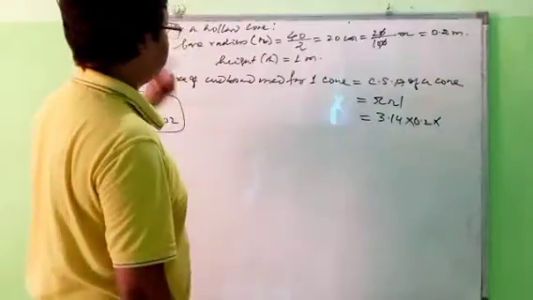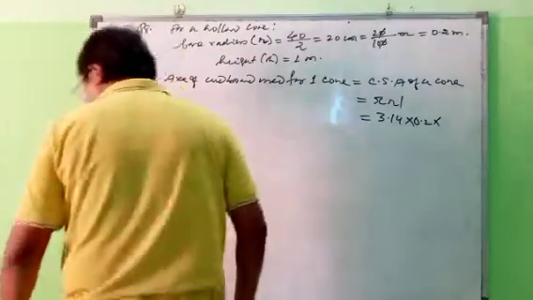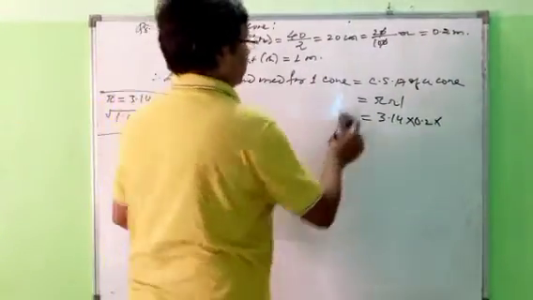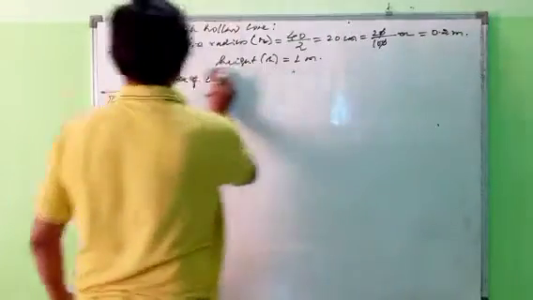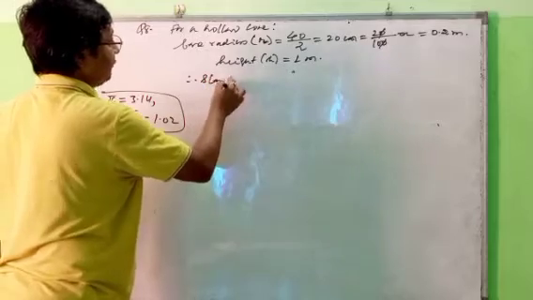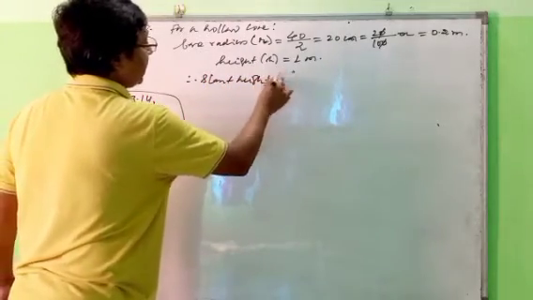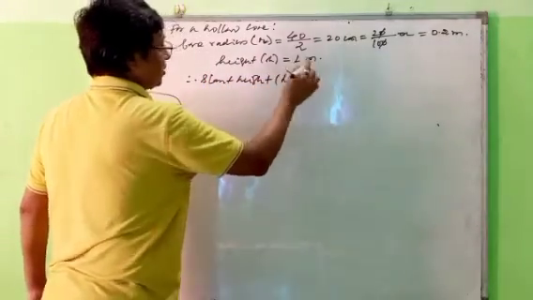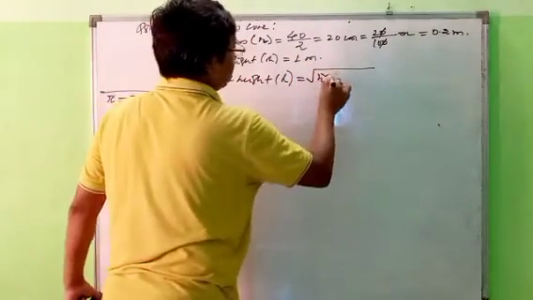Before that, let us find L, because we did not find L yet. The slant height L equals the square root of h squared plus r squared.